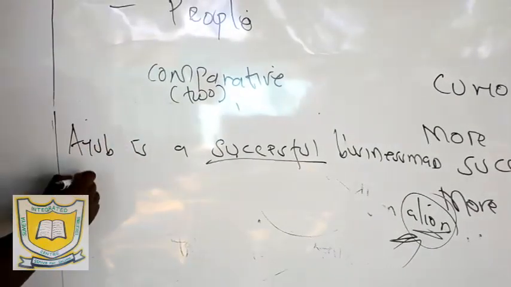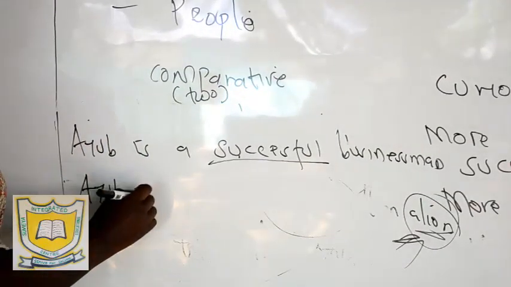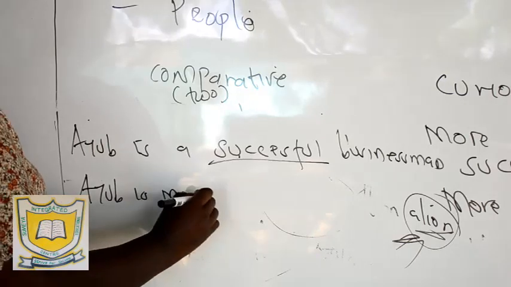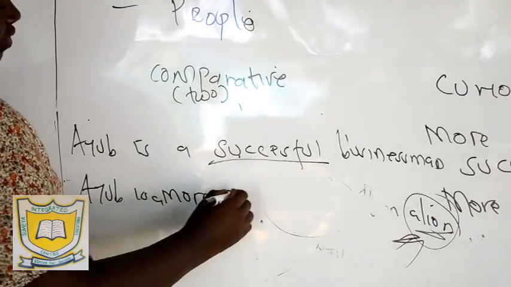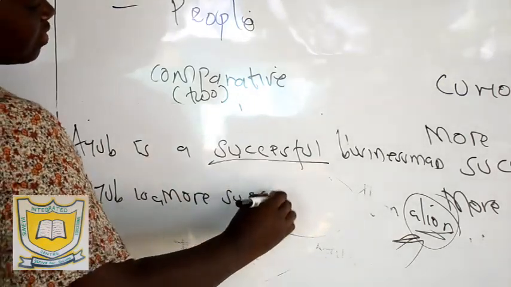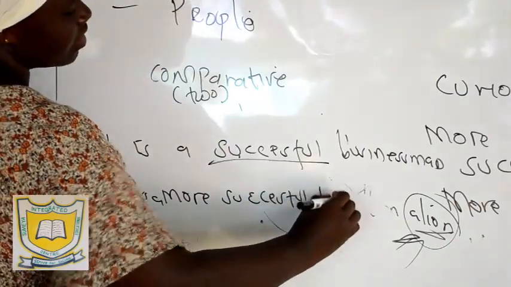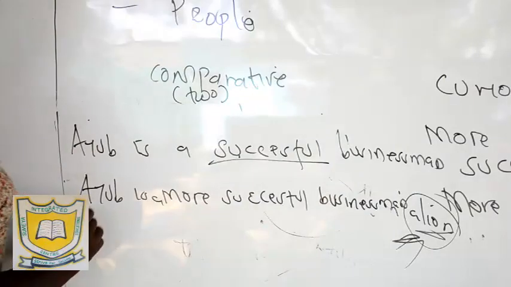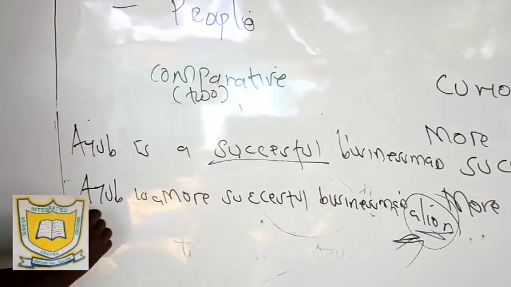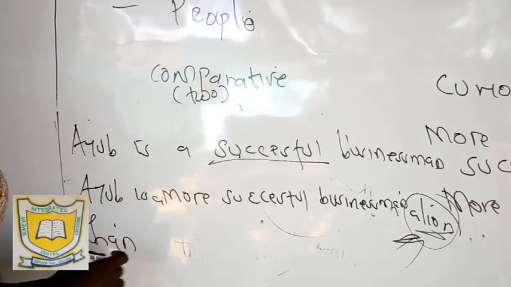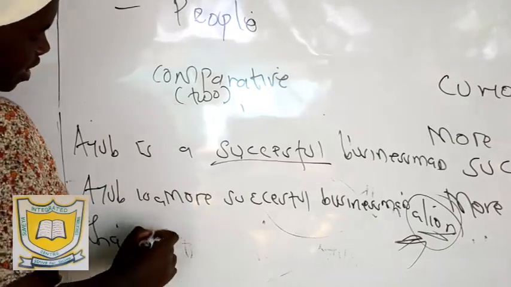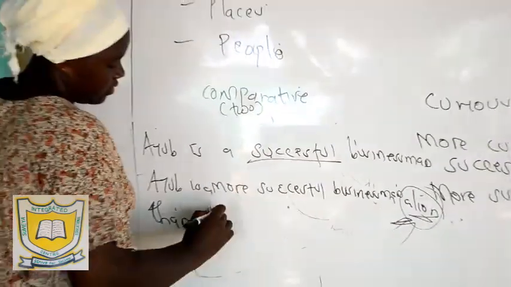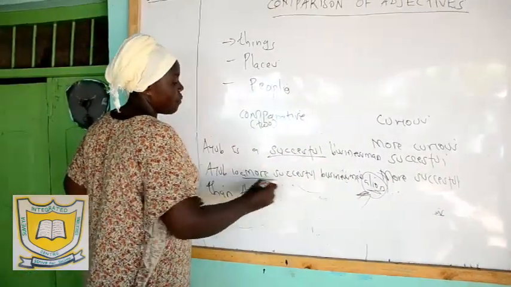So if I want to compare the two, I'm going to say Ayub is a more successful businessman. Ayub is a more successful businessman than what? Than, let's say, Abdi. So you're having more successful.